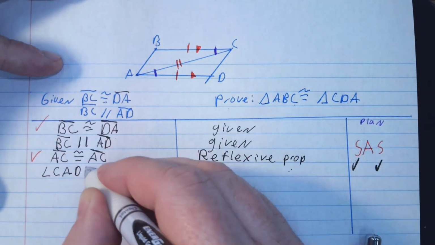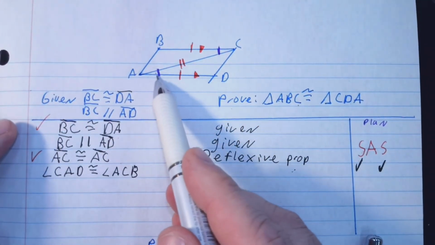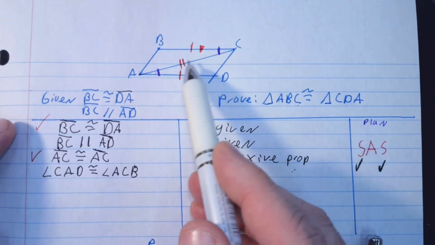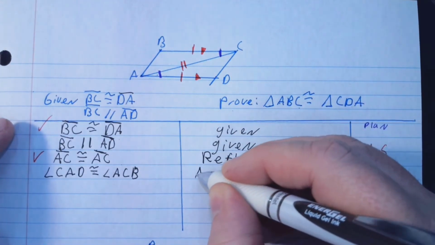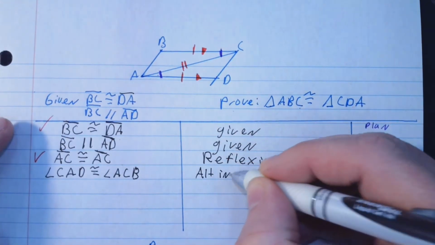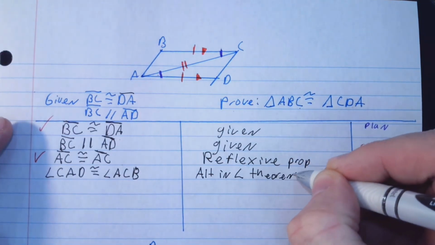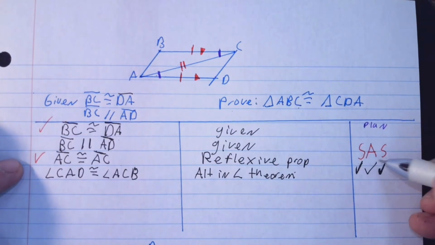And if only I knew something, some kind of vocabulary or theorem that would tell me what those angles are. Someone suggested that they're alternate interior angle theorem. Then I would have my final thing right here, my angle. Is she right?